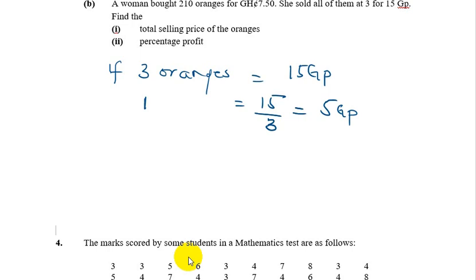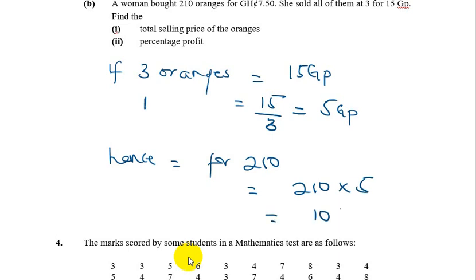There are 120 oranges. So we want to know the total for the oranges. Hence, we are going to get 120 times the 5 pesos, and that is going to give us 1050, which implies that it is 10 cedi and 50 pesos.